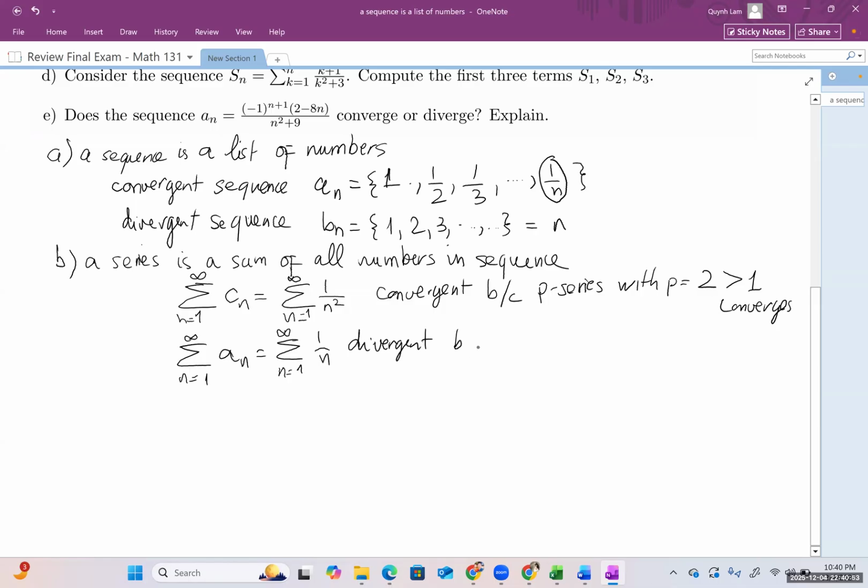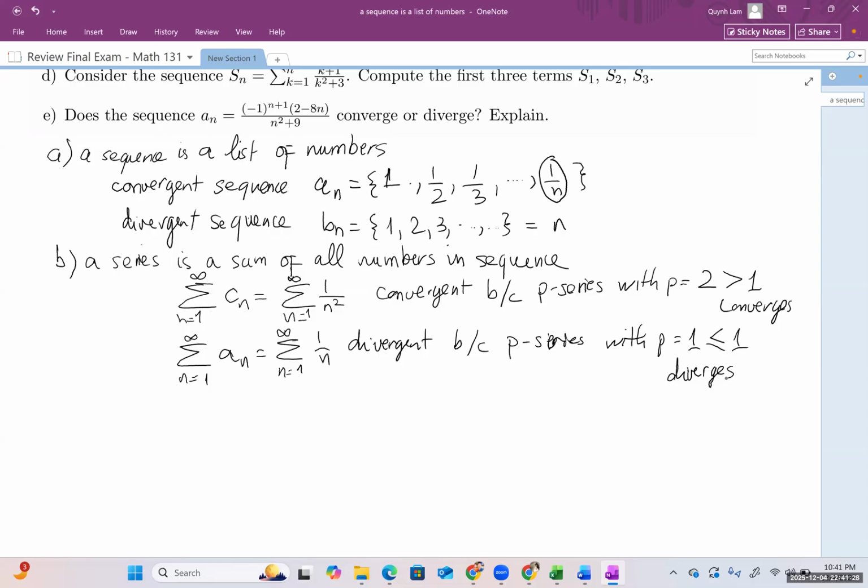Why? Because this is also a p-series with p equal to 1, which is less than or equal to 1, and clearly this will diverge, according to the p-series test or the integral test. You should know that, right? Okay.